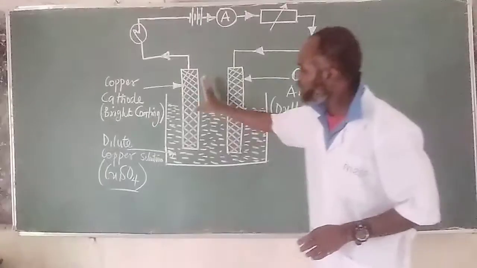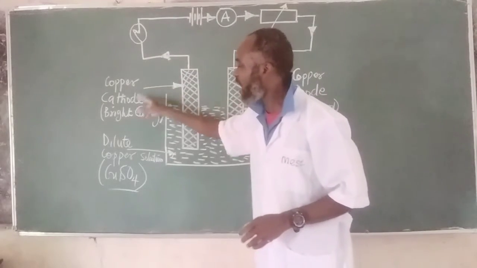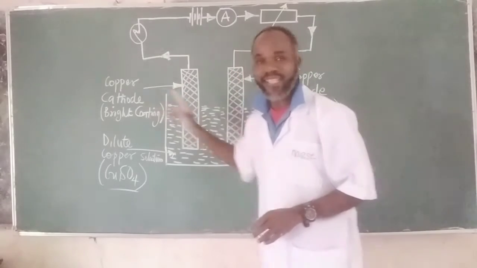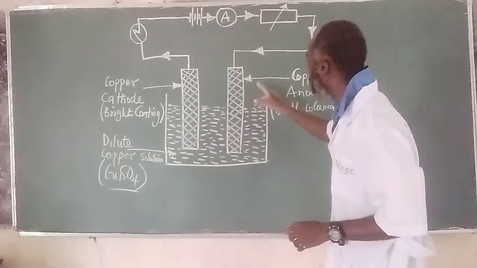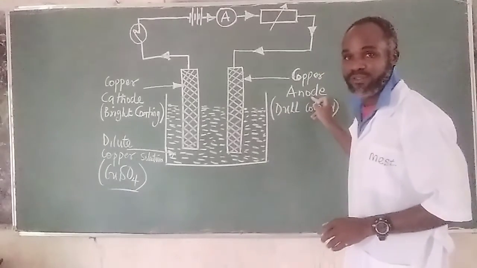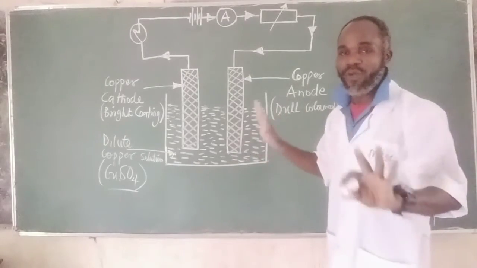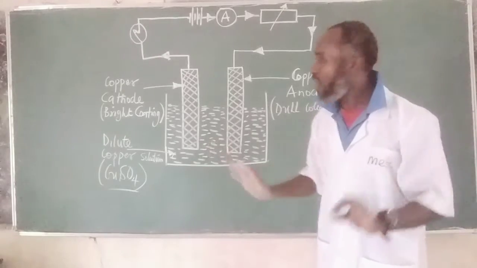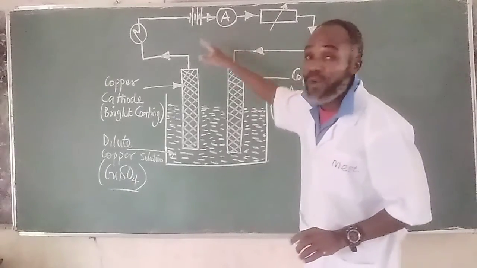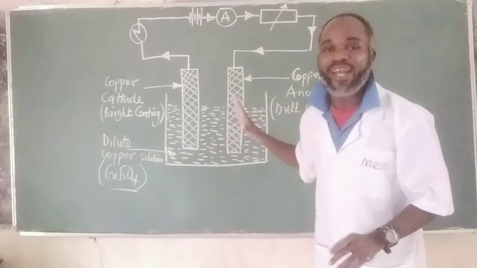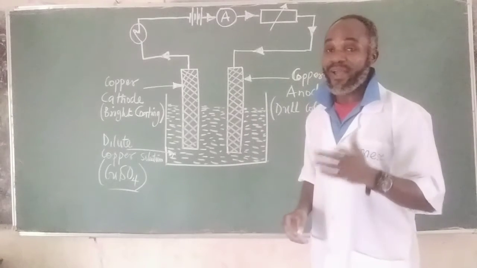The first one is regarded as copper cathode, and the second one is referred to as copper anode. We are going to check what happens once there is a current flow into the system.